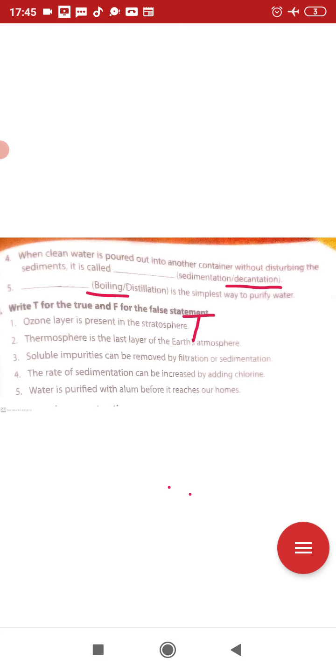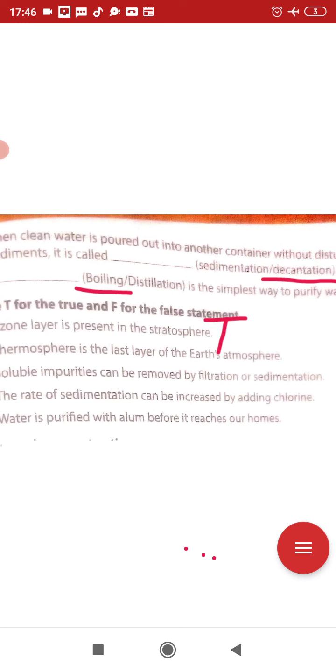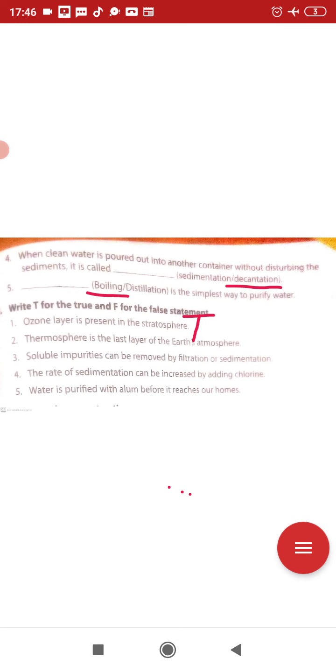So exosphere is the last layer of the Earth's atmosphere. Beyond this layer, no air exists; we can't find air beyond this layer. So this statement is false. Thermosphere is not the last layer. Write capital F.